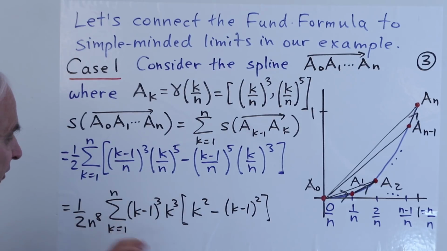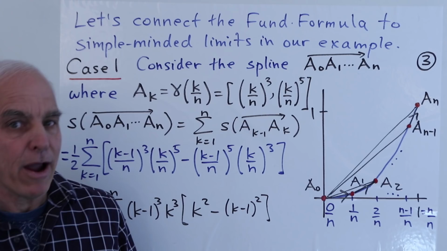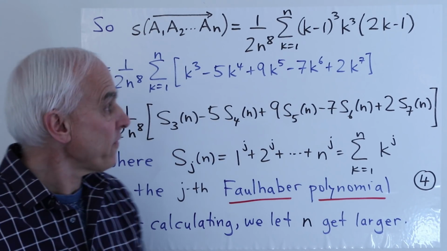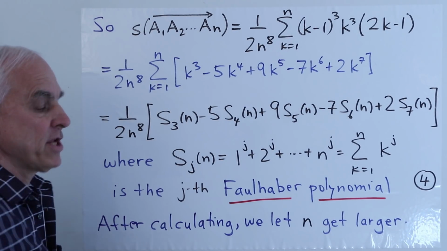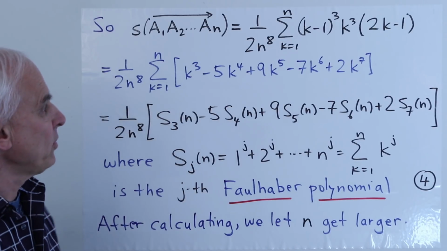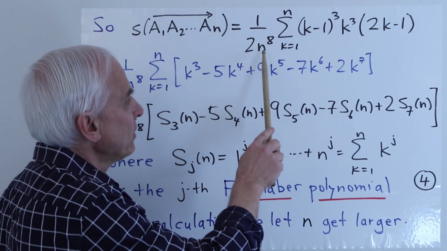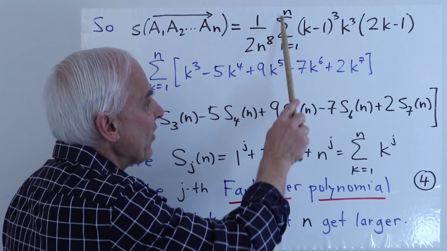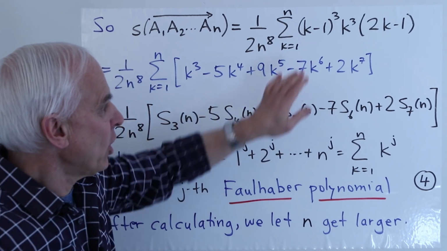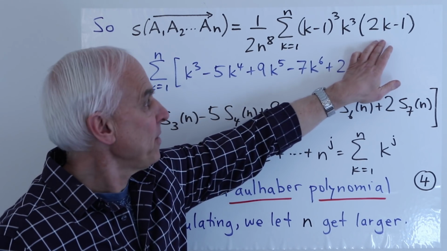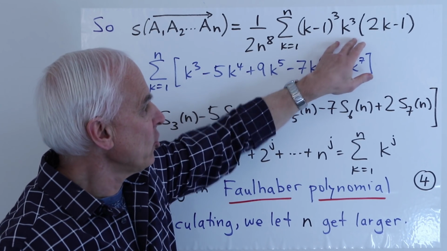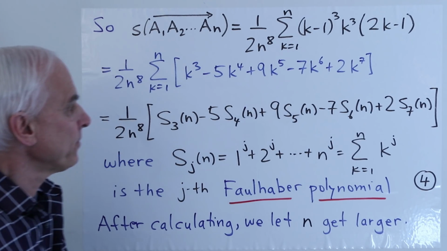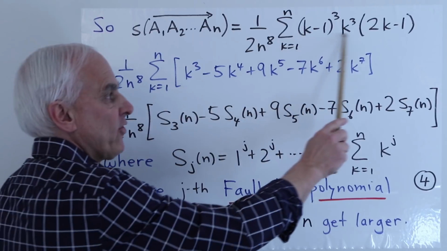So we're going to simplify this, and then we're going to see if we can deal with this sum somehow. Okay, so far we've got this spline. We're taking its signed area. We've computed that it can be written as 1 over 2 times n to the 8 times the sum from k equals 1 to n of this expression involving (k minus 1) cubed, k cubed, and 2k minus 1. All right, so let's expand this thing out.